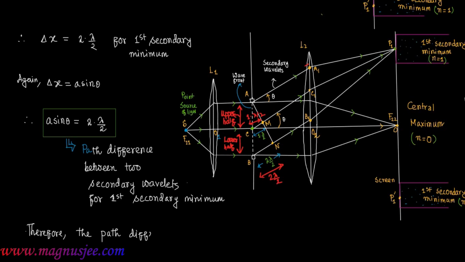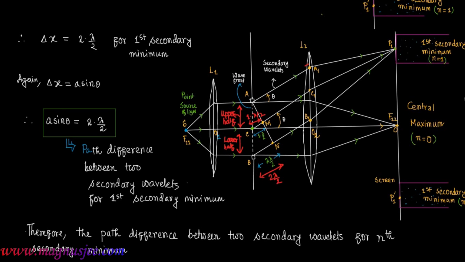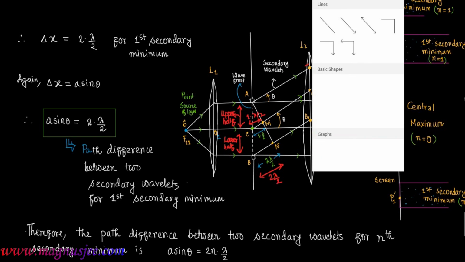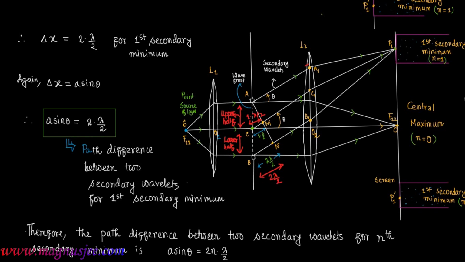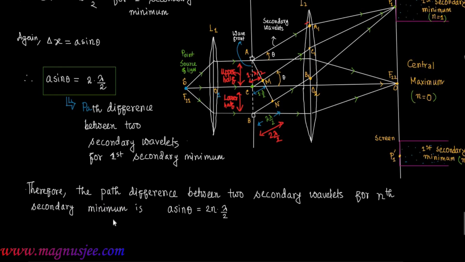Therefore, for nth secondary minimum, the path difference between the two diffracted light waves, or between the two secondary wavelets, a sin theta, is equal to 2n lambda by 2.